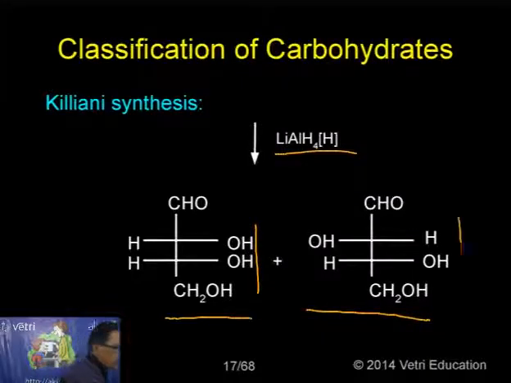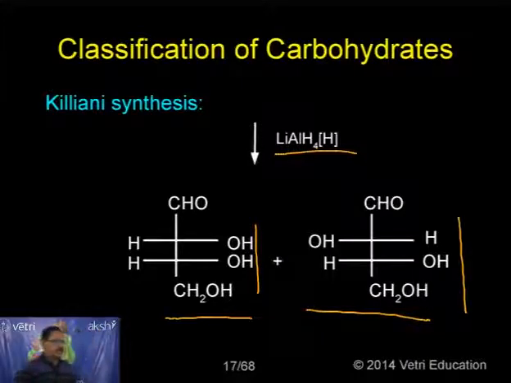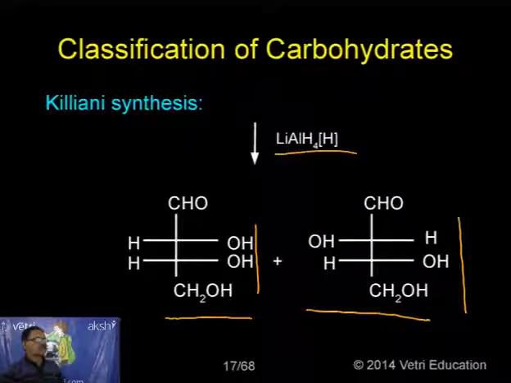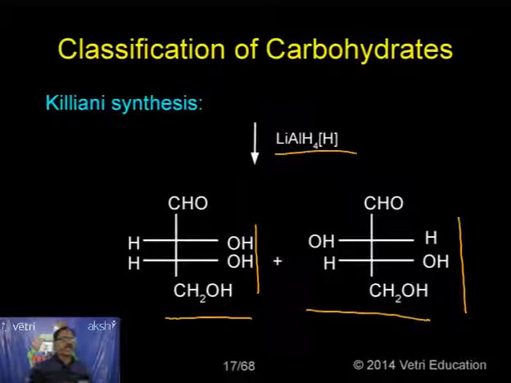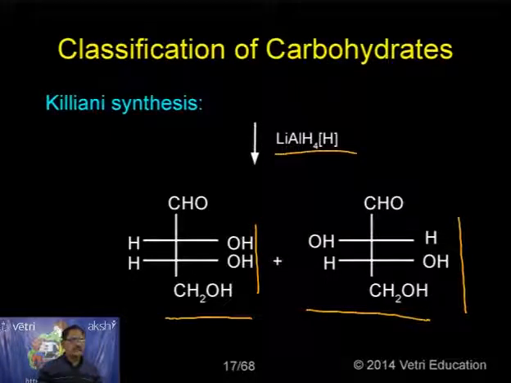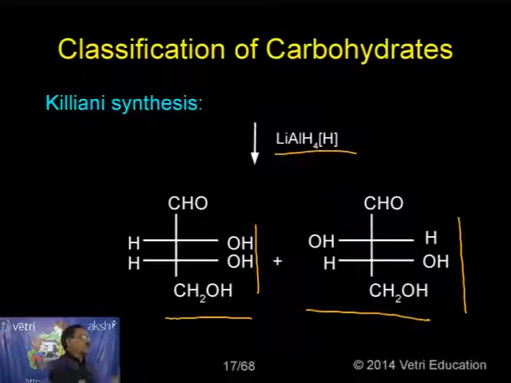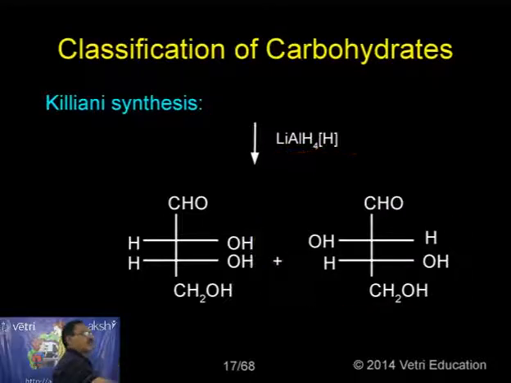In the second case, 2 OH groups are on opposite sides. So they both are nothing but aldotetroses. Kindly follow. This is the most important information. So what we can do by Kiliani synthesis is convert any lower sugar into a higher one. This is the most important information I want to convey here.